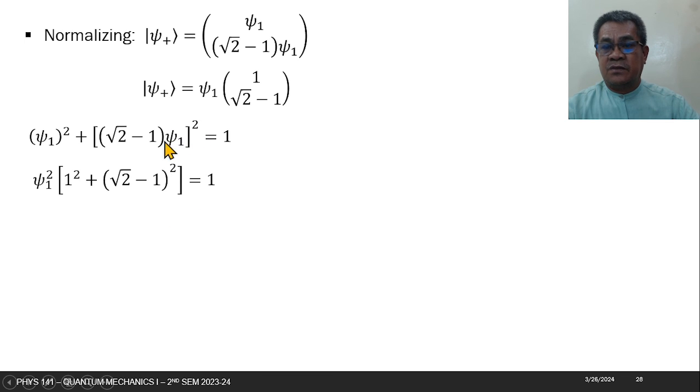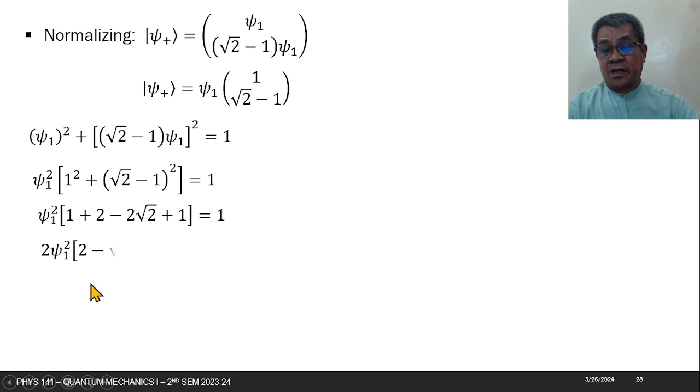We can take out the square of psi 1, and we have this 1 for that, plus this one is a square of a binomial. So square the first, twice the first and second, square the last for the square of the binomial. So we have this result. Then added by 1. So this is 1 plus 1, 2, plus 4, still we have 4.